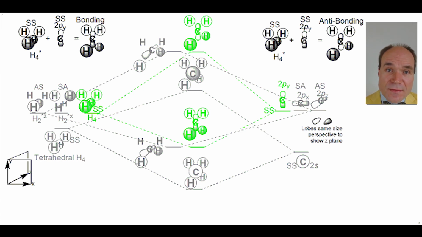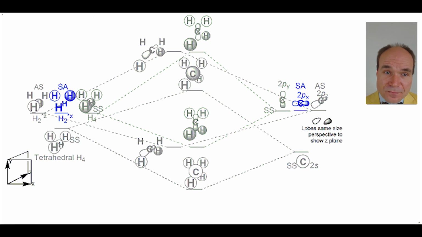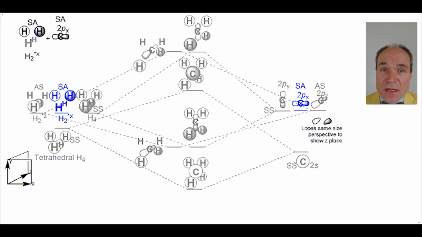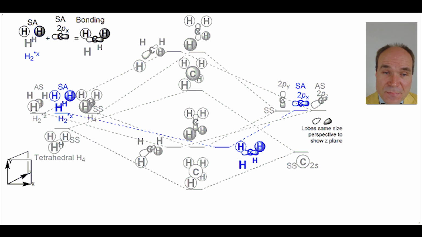Finally, we're going to take a look at the SA example. With SA, we are partnering H2 star X with 2px to achieve bonding interactions. You'll notice here that it's only addressing 3 of the atoms involved, namely 2 of the hydrogens and 1 of the carbons making bonds. The other 2 hydrogens aren't involved, but don't worry about this, because the hydrogens that aren't involved in the SA case are involved in the AS case and vice versa.